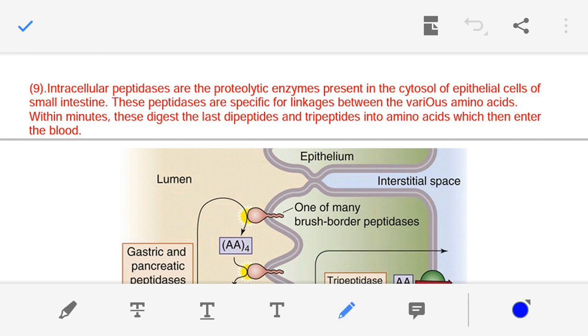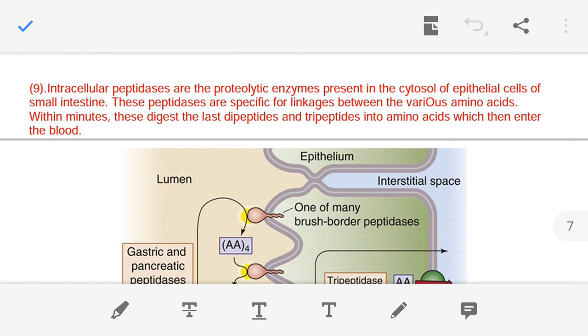In the cytoplasm, enzymes are present, and these enzymes are intracellular. Intra means within the cell. Intracellular peptidases are proteolytic enzymes, and they are present in the cytoplasm or cytosol of the epithelial cells, the enterocytes of the small intestine.